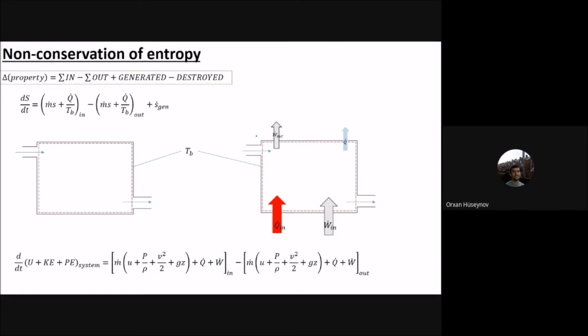So non-conserved property means that entropy can be generated. Okay, this one is very important. It can't be destroyed, but it can be generated.